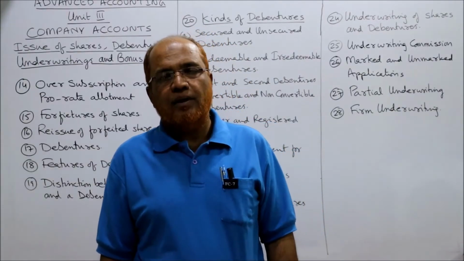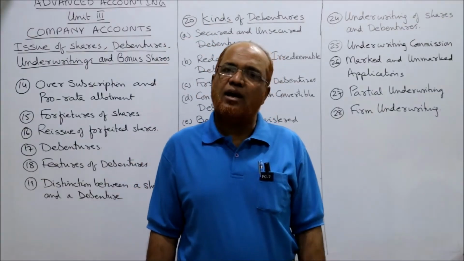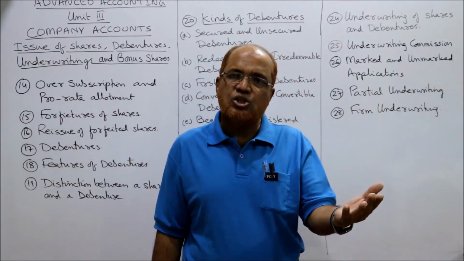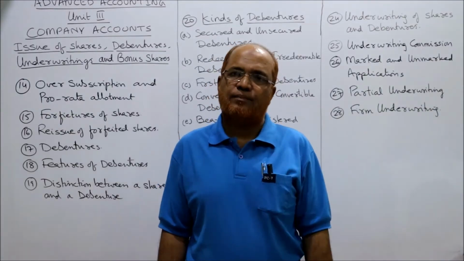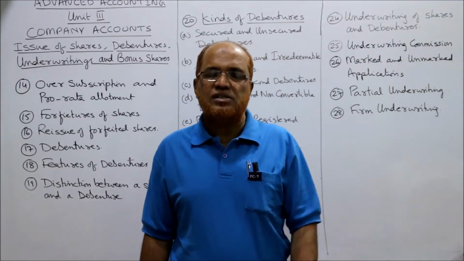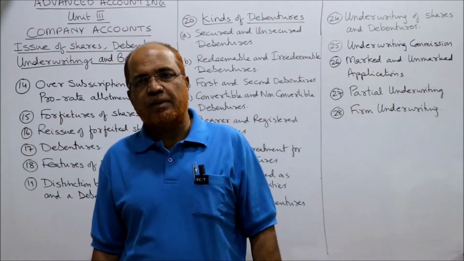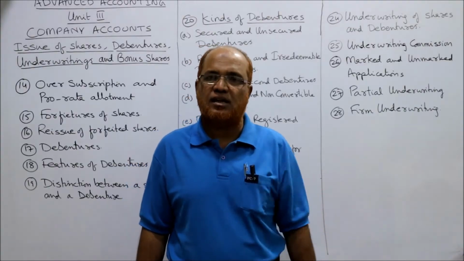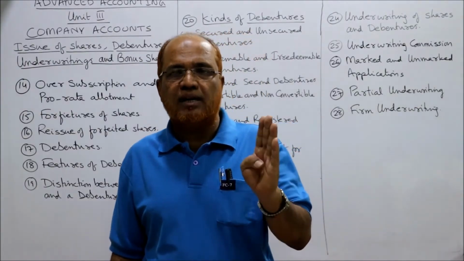The meaning of debenture is, a debenture is an acknowledgement of debt. It's a written instrument containing an acknowledgement of debt, containing the provisions regarding the payment of interest, repayment of principal, and the charge against these debentures.